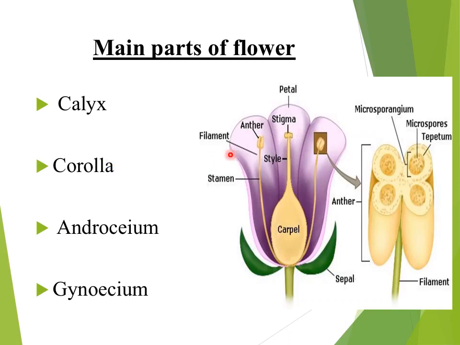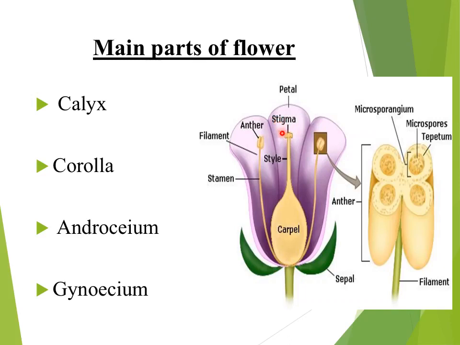The microsporangium contains the microspores, and these microspores are known as pollen grains. These pollen grains, the male part, have the main function during the fertilization process.